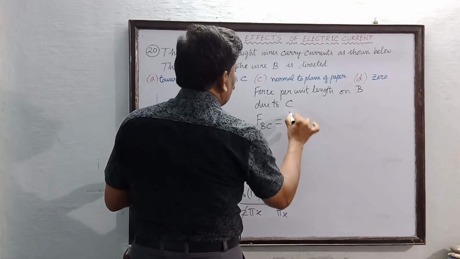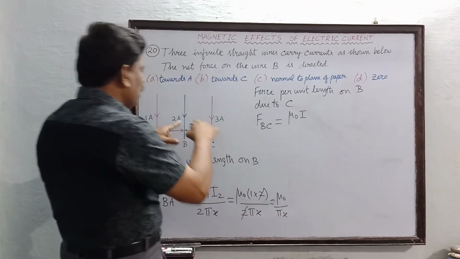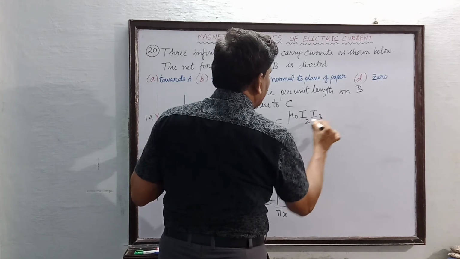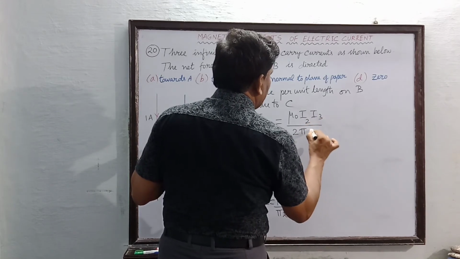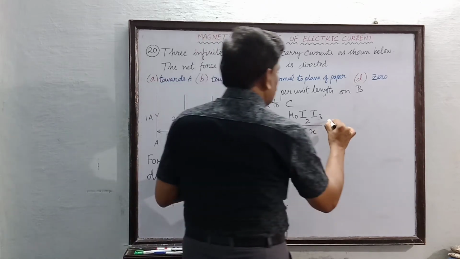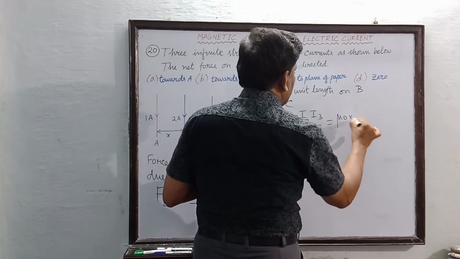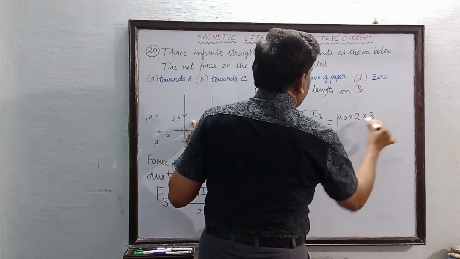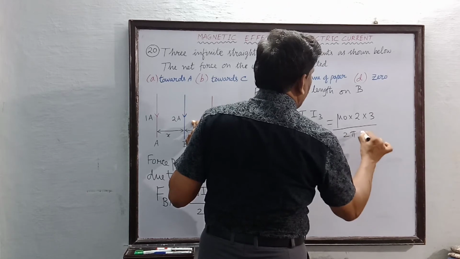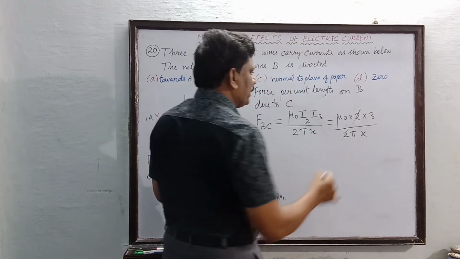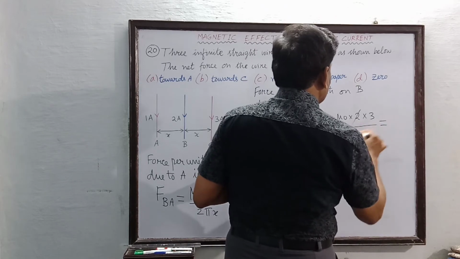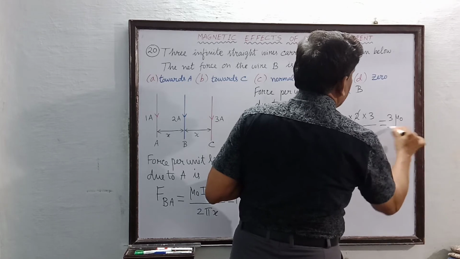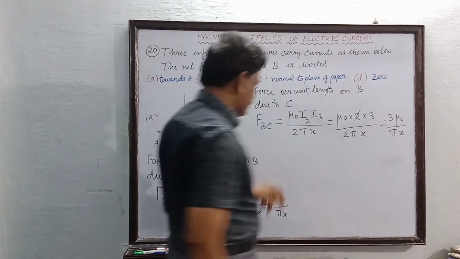So this is equal to mu naught I2 I3 divided by 2 pi X. So this is mu naught into I2 is 2 ampere and I3 is 3 ampere divided by 2 pi x. So 2 and 2 get cancelled. So this is equal to 3 mu naught divided by pi x.